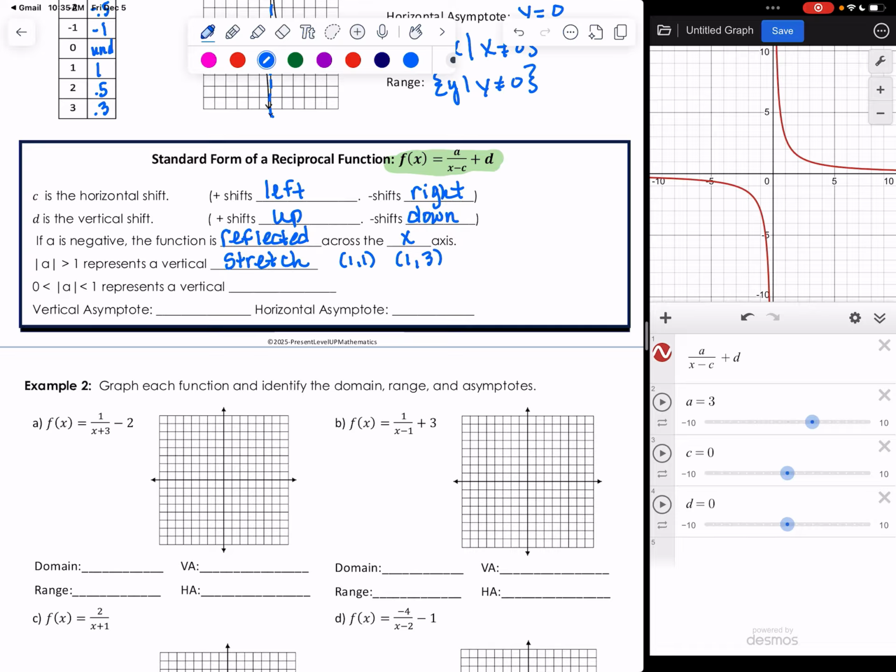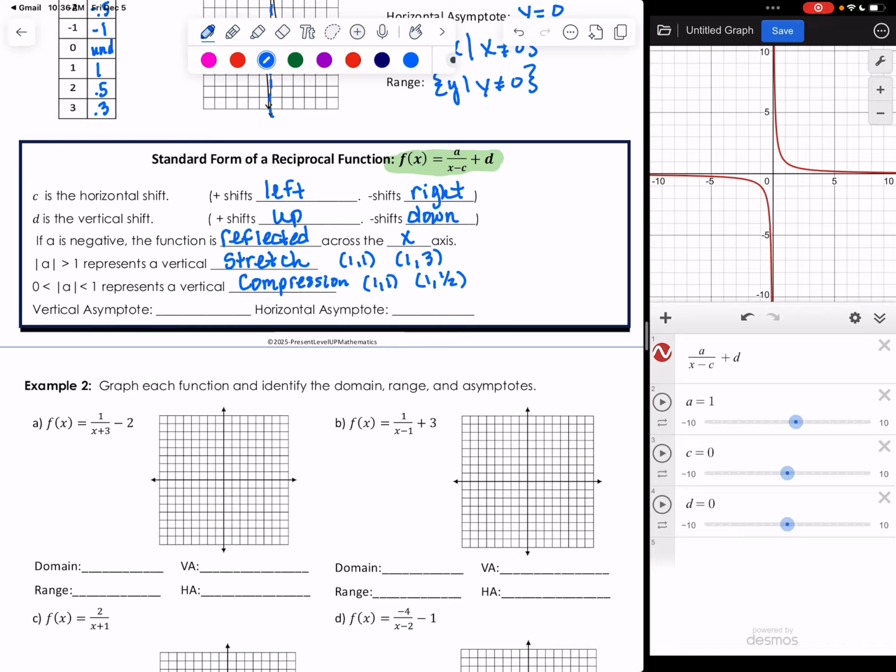It's a vertical stretch of the y values, okay? Now, if the a value is between 0 and 1, we would have a vertical compression. So let's say we had a vertical compression of 1/2. (1, 1) would become (1, 1/2). Right? The y values would compress.